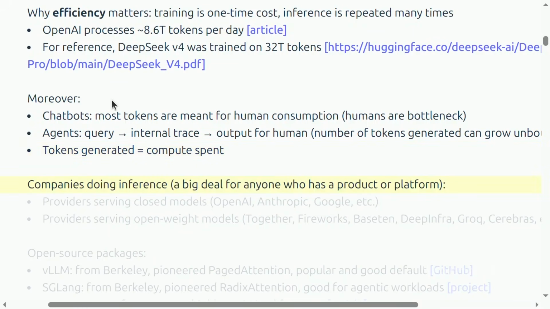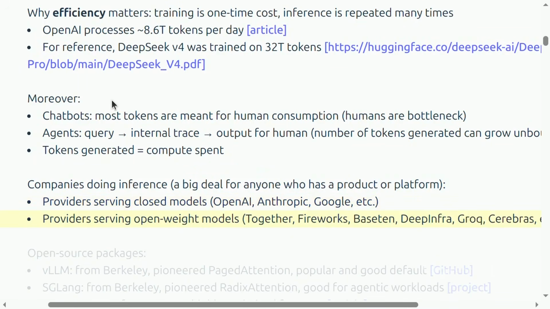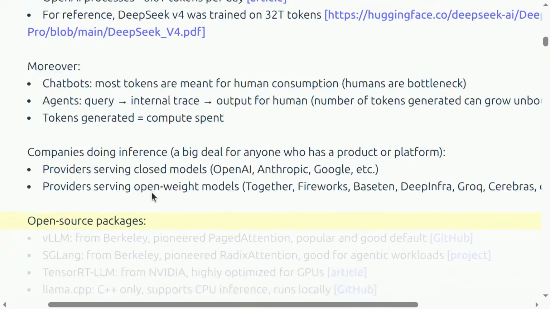So there are a lot of people doing inference. On the commercial side, of course, all the closed API providers have to serve their models, so inference is a big deal for them. And there is also a bunch of providers serving open weight models and providing inference as well. And in the open source community, there's a bunch of packages.